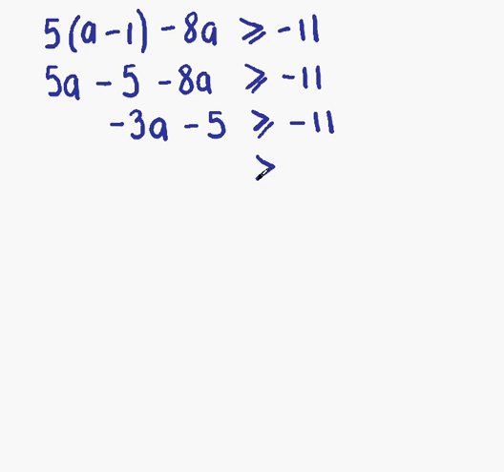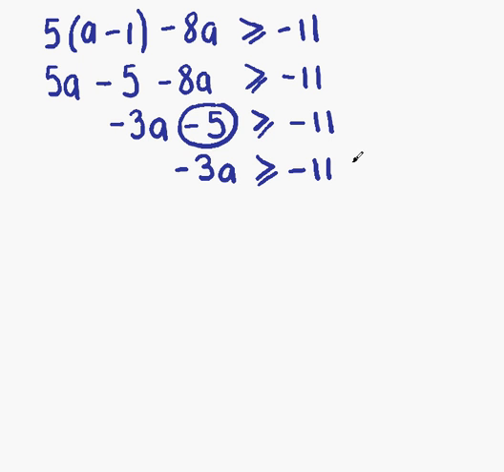Our next step is to put our letters on the left and numbers on the right. The only thing that needs to move is our minus 5. So first of all, writing down the things that are staying where they are, we have minus 3a on the left and we have minus 11 on the right.